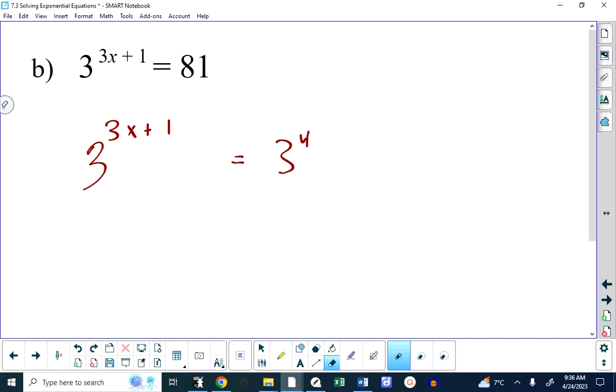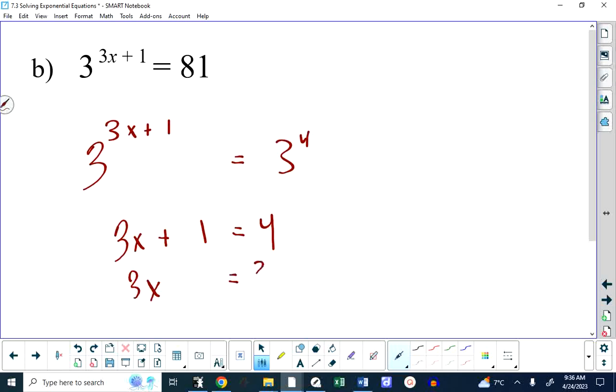As soon as you see that 3 to the 4 is 81, then that must mean that 3x plus 1 is 4 because the bases are the same. It's a comparison. Again, very simple to solve now. 3x equals 3. Divide both sides by 3, you get 1. Any questions with A or B?